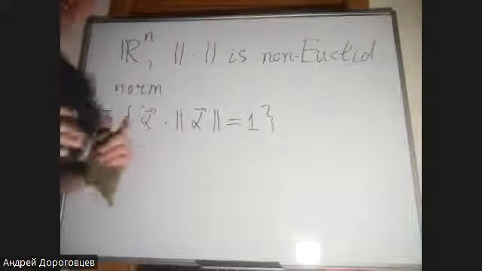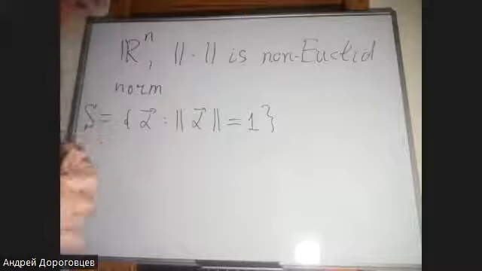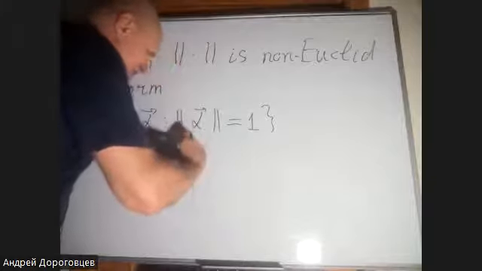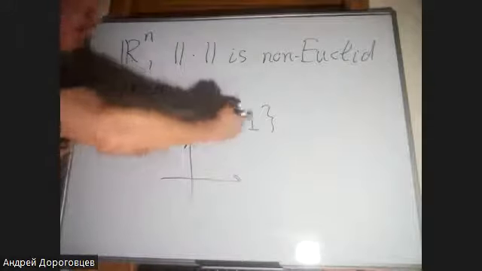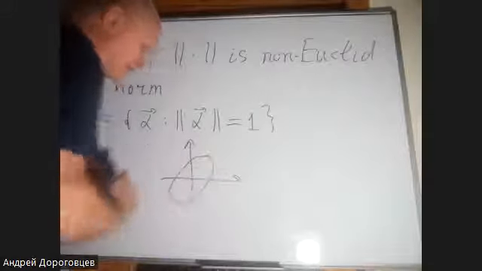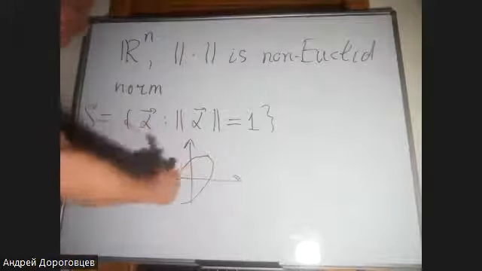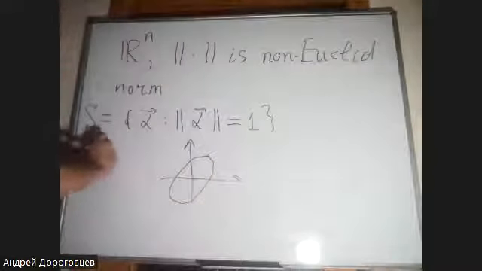What is this? This is like a unit sphere, but with respect to this norm. One can check that this is a border, of course, the border of the unit ball, and it is symmetric with respect to the operation when we take minus alpha.